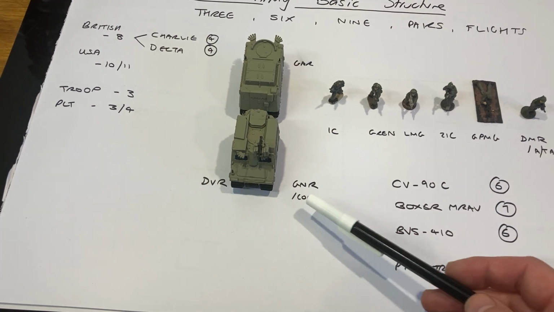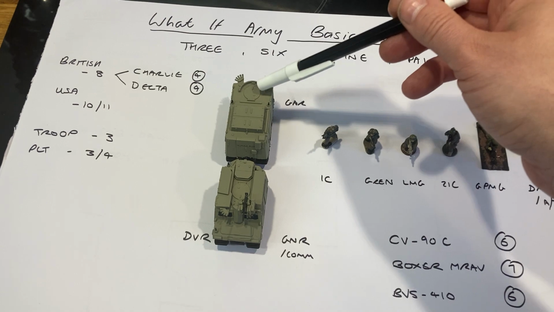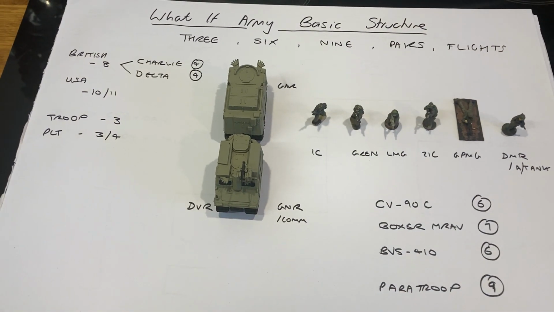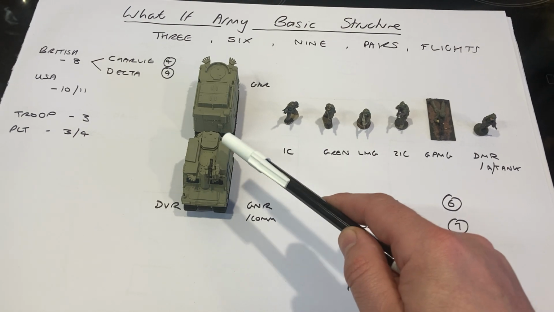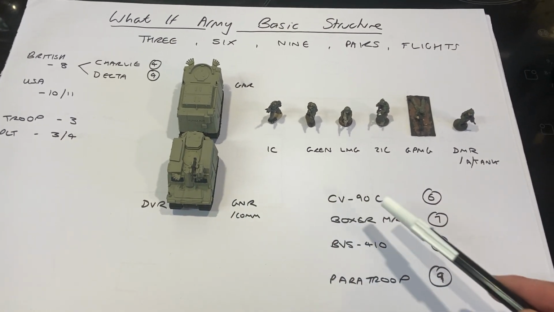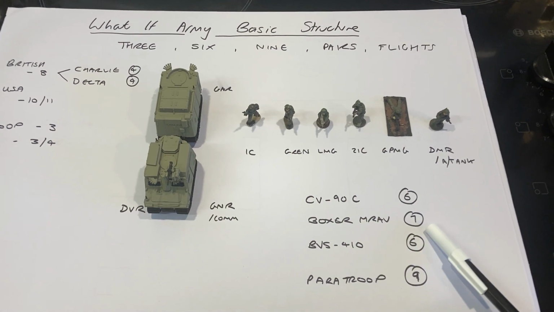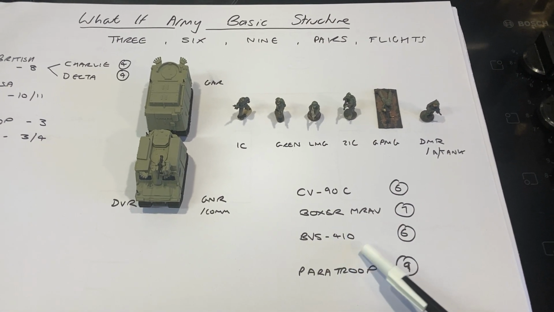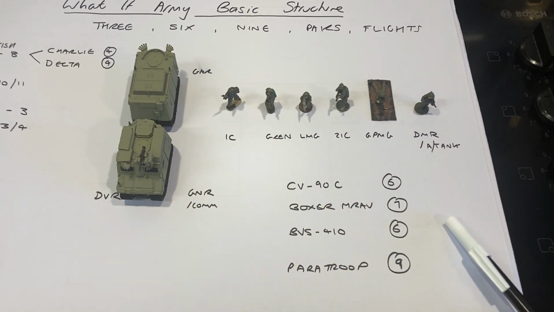So there'll be a driver, a gunner/commander in the front, and a rear gunner at the back, so 3. And this follows for the CV90C, where you've got 3 crew, commander, gunner and driver. It differs for the Boxer, where you've got 2 crew, so you have 7 dismounts, and for the paratroops, where they're not using a vehicle, there'd just be 9 per section.